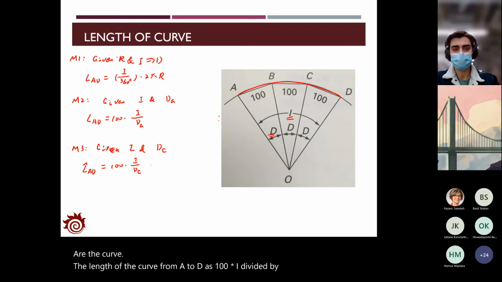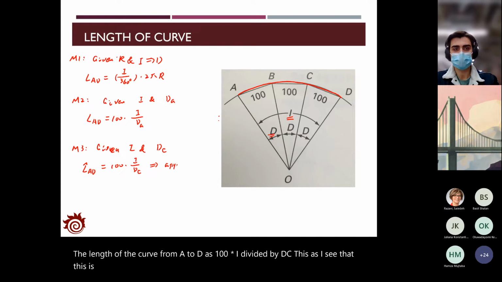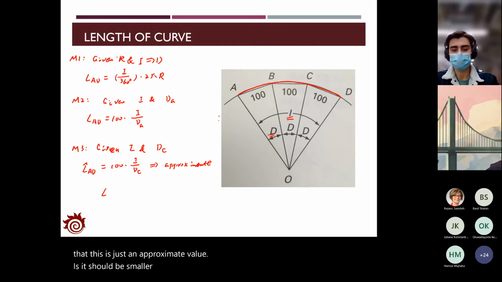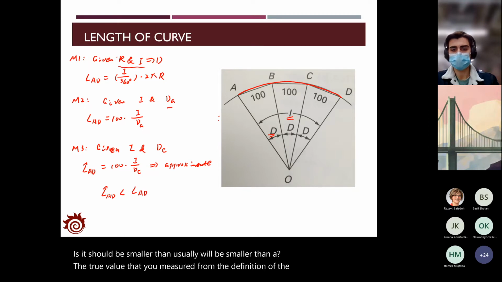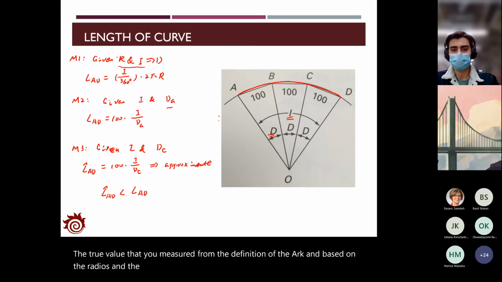This, as I say, is just an approximate value. Usually it will be smaller than the true value that you measured from the definition of the arc, based on the radius and the angle of the arc. So that's another thing we need to pay attention to in the calculation of the length of the curve.